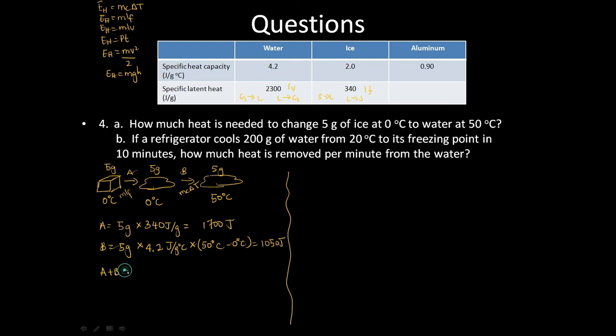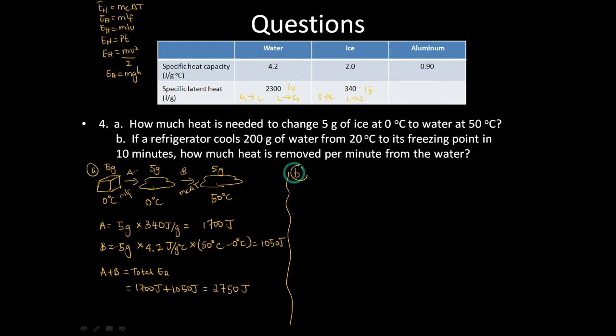So A and B will be equal to the total EH, which would be 1700 joules plus 1050 joules. So 1700 plus 1050 is 2750 joules. Alright, so that's A.